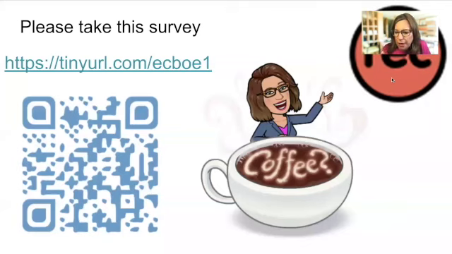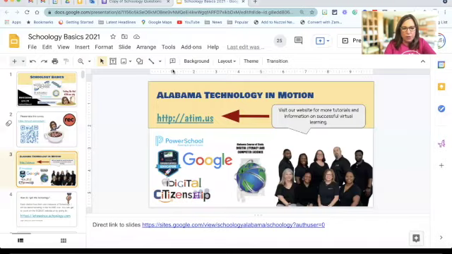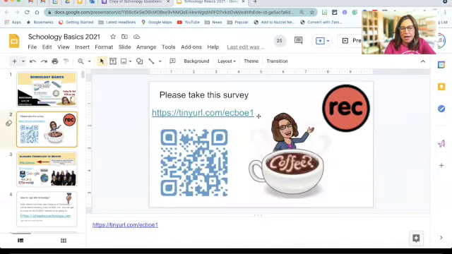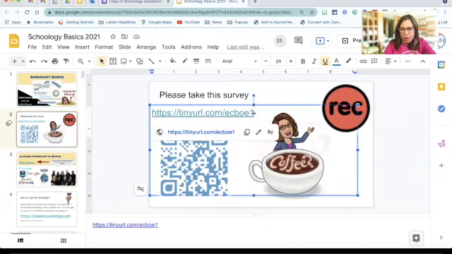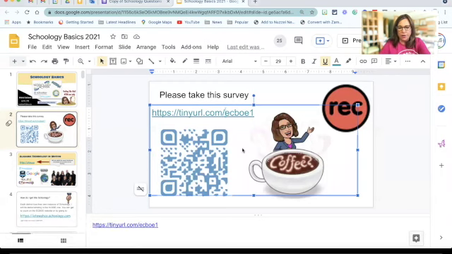So that is my button reminding me to record, and I am actually already recording. But I do have a survey that I would like everybody to weigh in on if you can access it. I'm actually going to go back to this slide, and I'm going to paste this URL into the chat so that you'll have access to it.